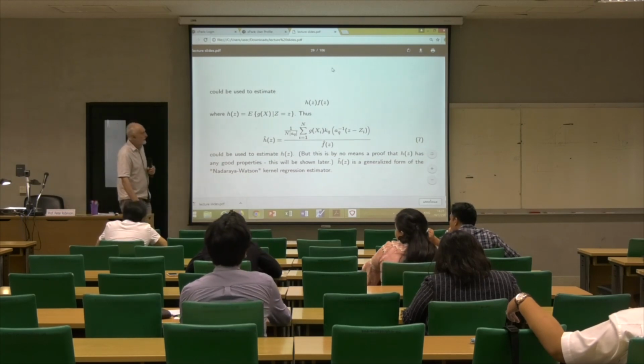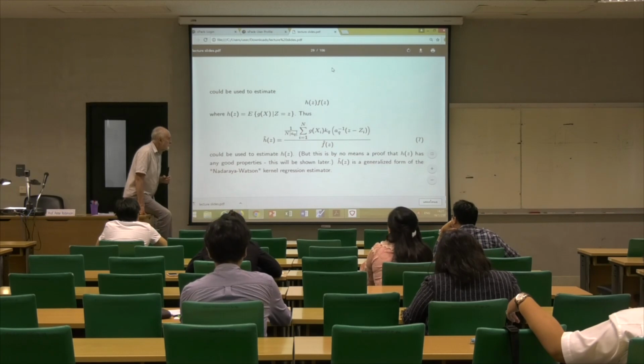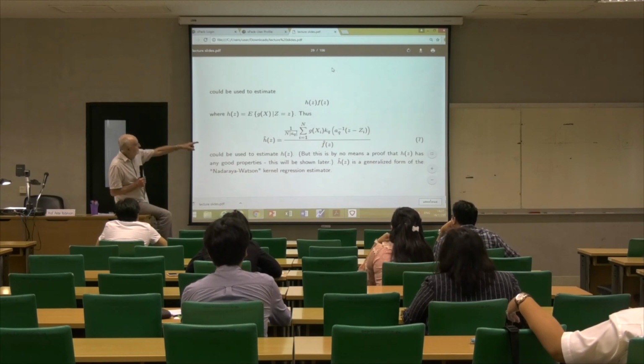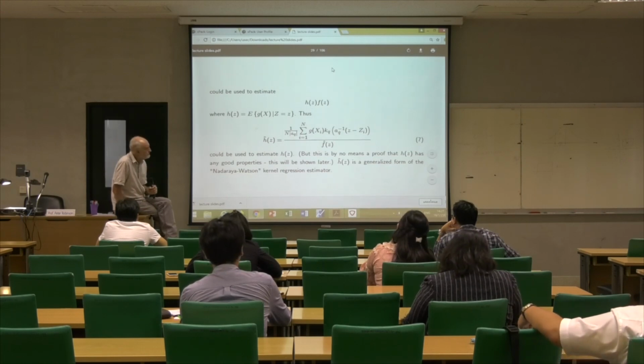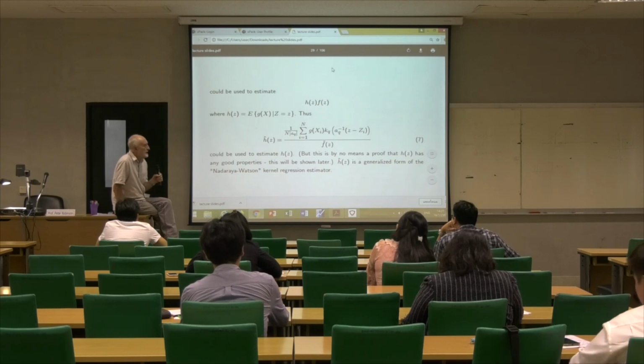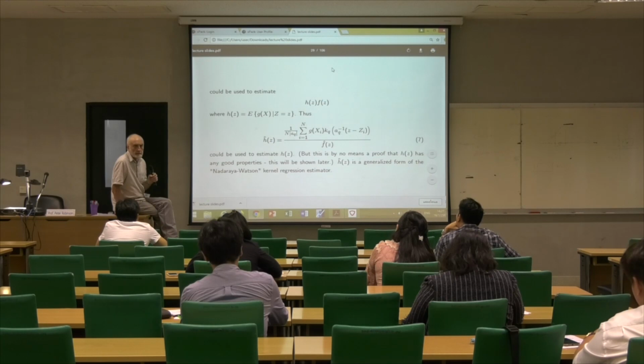It's a bit cumbersome in some ways, and it introduces some technical problems. But this is the estimate. In other words, we've got the second quantity that we came across in the numerator dividing by the density estimate. You can actually motivate this also in terms of minimizing a certain sum of squares criterion, but I don't really think that's terribly helpful.